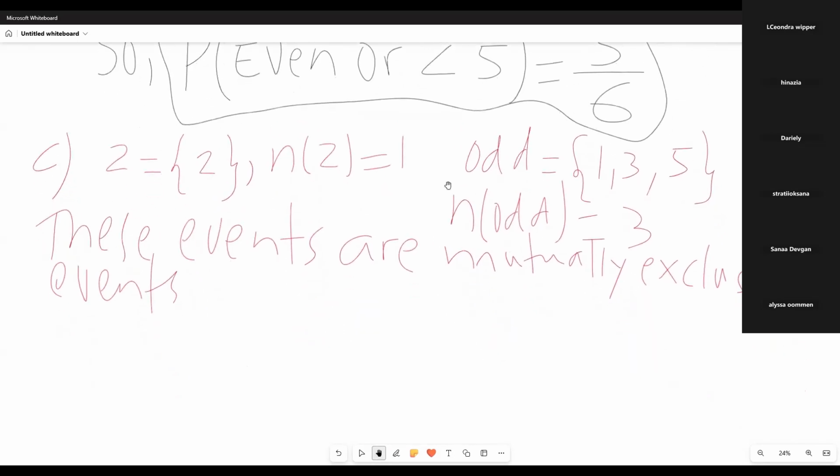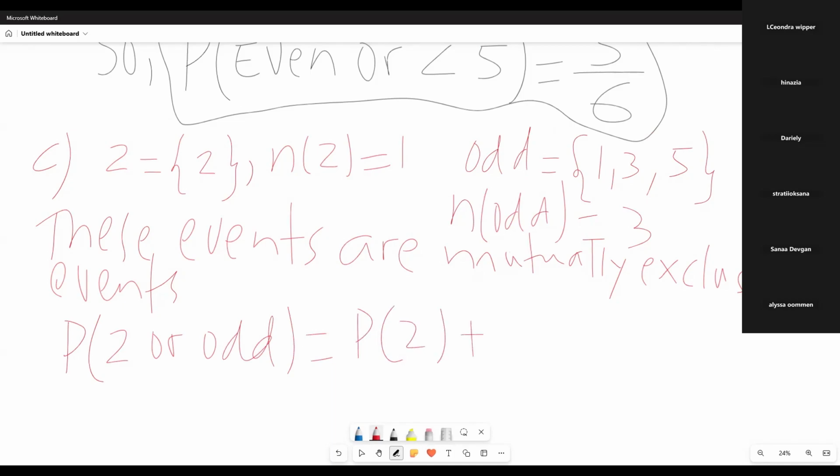Why? Because they have no outcome in common. Event 2 gives us just 2. Odd gives us 1, 3, 5. So P of 2 or odd would be P of 2 plus P of odd. You do not need to subtract P of 2 and odd because they have no outcomes in common.